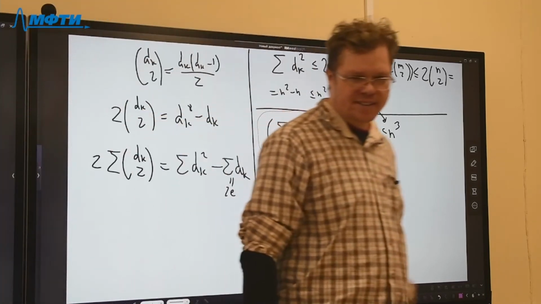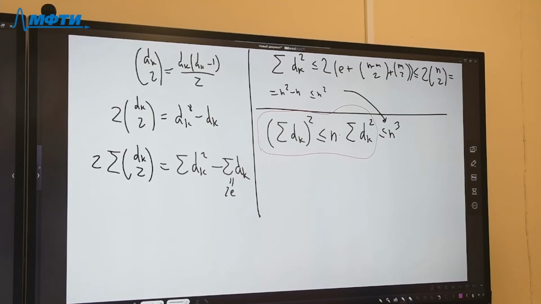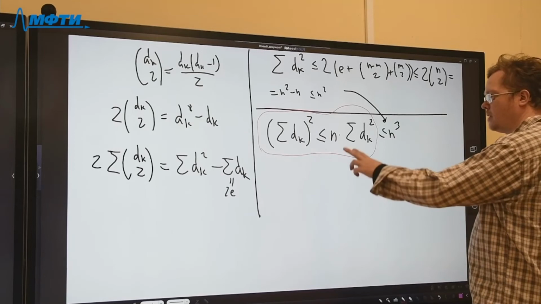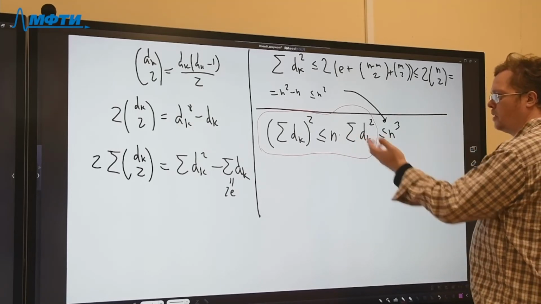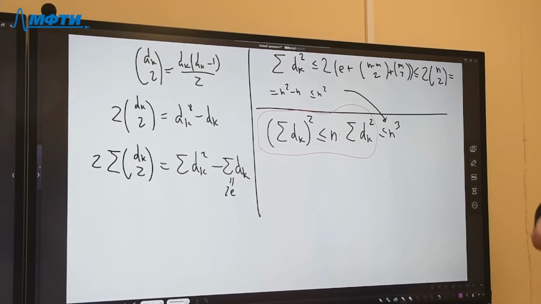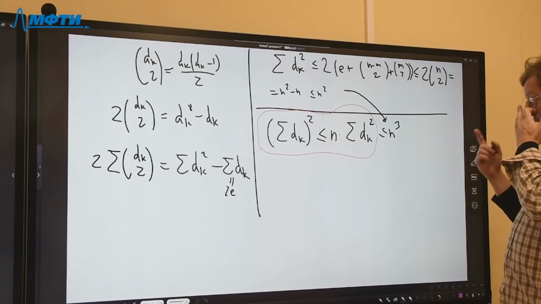Oh yeah, you found my mistake. Okay. Can someone explain to me what this inequality is? Is it true that the square of a sum is not bigger than the number of summands times the sum of squares?